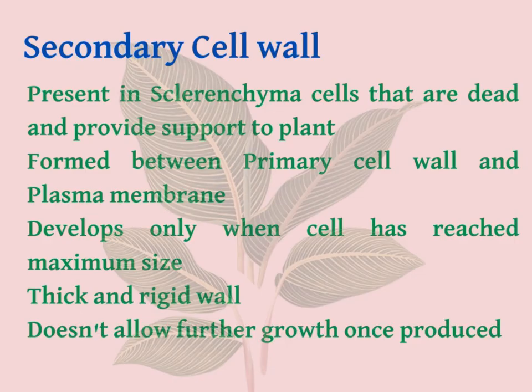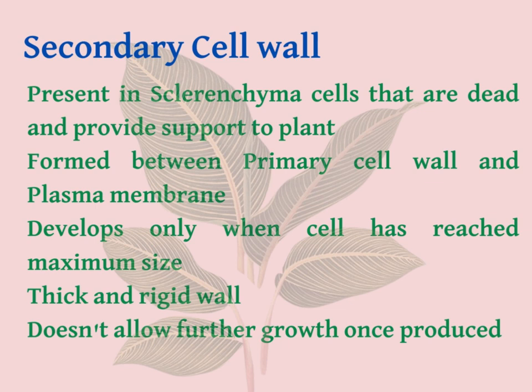Now we see the secondary cell wall. It is present in sclerenchyma cells that are dead and provides support to plants. It is formed between primary cell wall and plasma membrane. It develops only when cell has reached its maximum size.